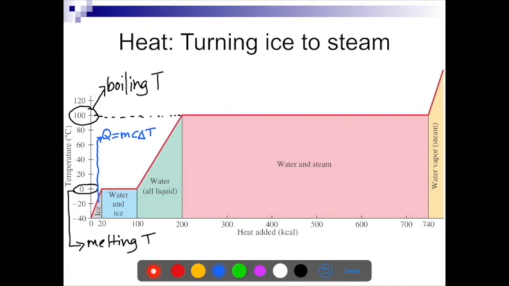And the same is true when you only have water, which is a single phase liquid. So any heat that you add while you only have water will go into increasing the temperature of water. So the equation here will be the same. Q is equal to mc delta T. It's the same equation, Q is equal to mc delta T.